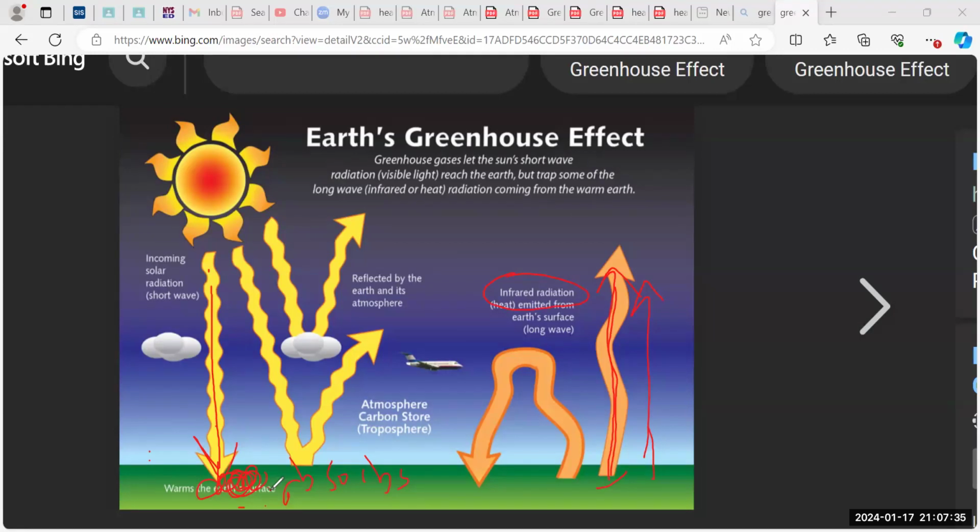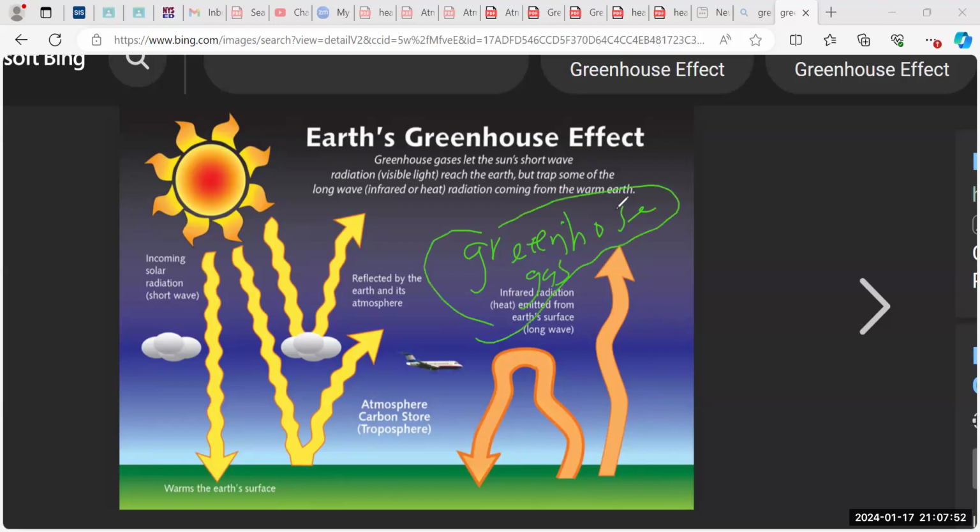So, however, what ends up happening is you get a greenhouse gas, right? There are greenhouse gases that are located here, okay? And the job of a greenhouse gas is to absorb that infrared radiation and to pour it back down to the earth.